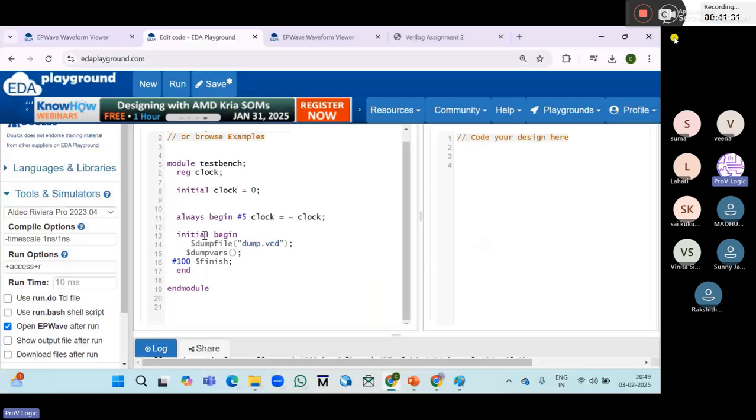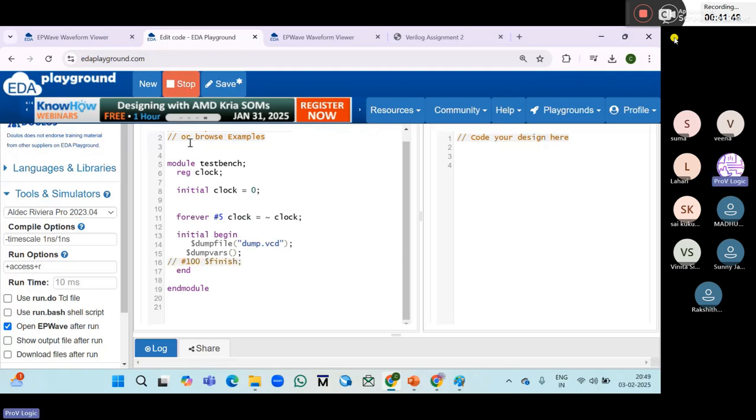Same here, I am removing this always and putting forever. No need to write begin. Okay, so run. Wait, I'm removing this $finish also.